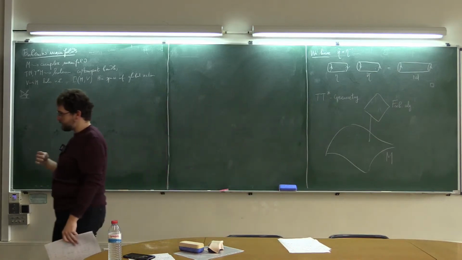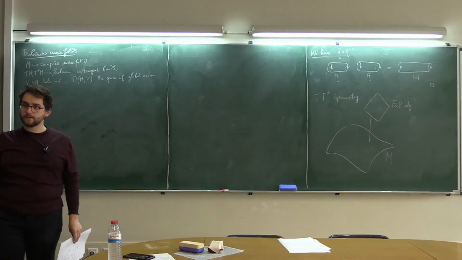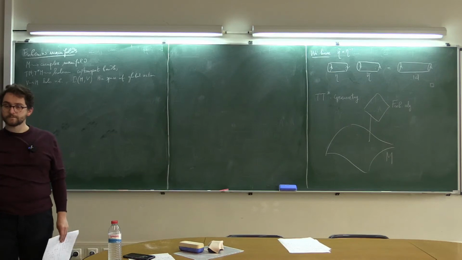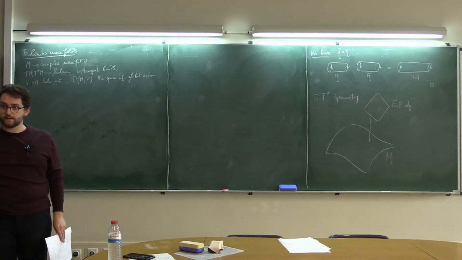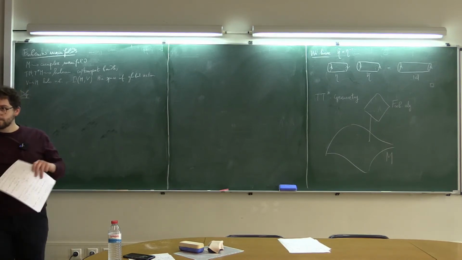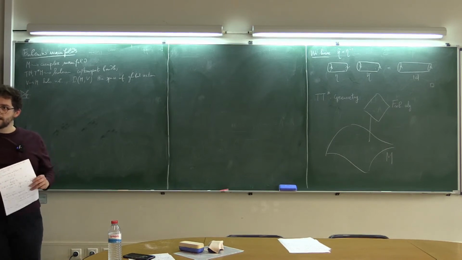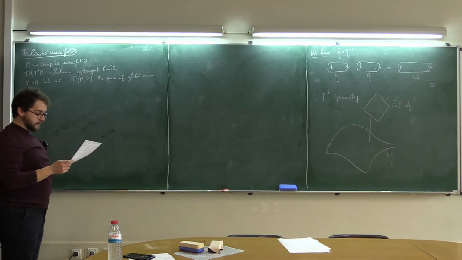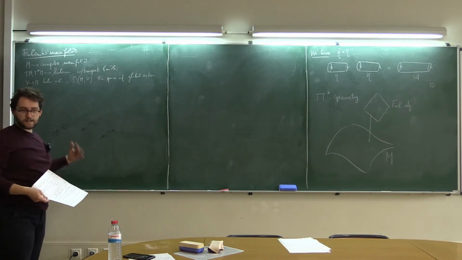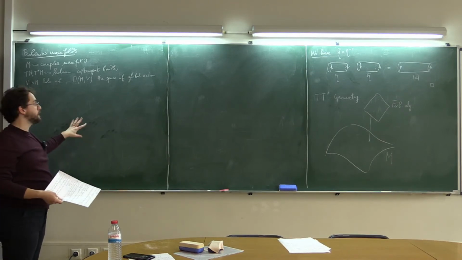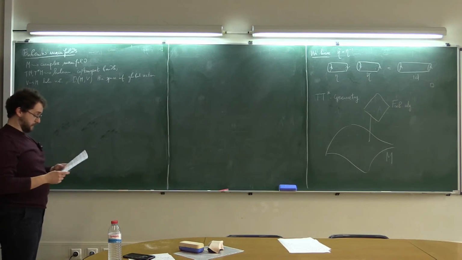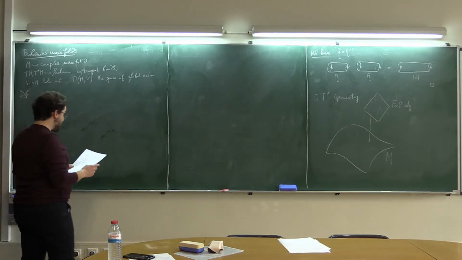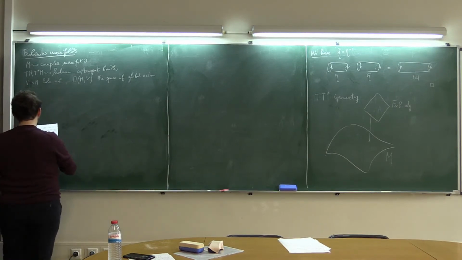So we need to define many gadgets. We need to define a product, we need to define a metric, and these must be compatible, non-degenerate, and so on. So now I will introduce many gadgets which are just the same as the previous ones, but now in this differential geometric context.